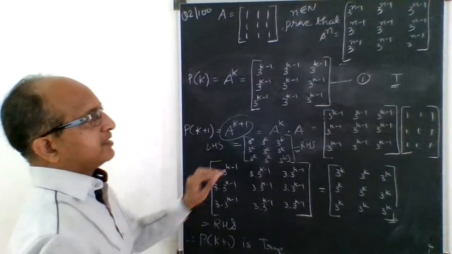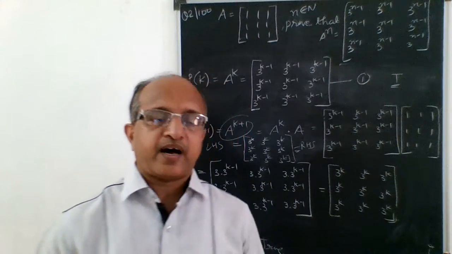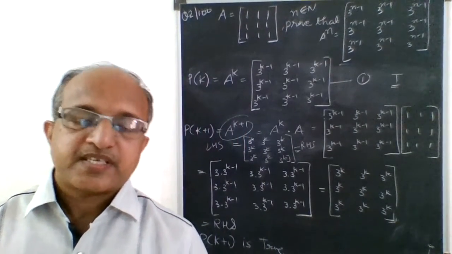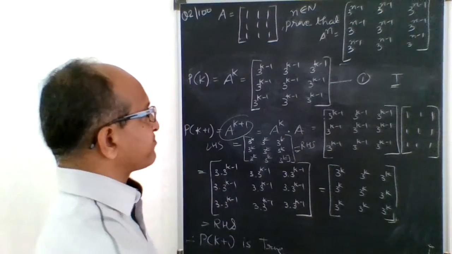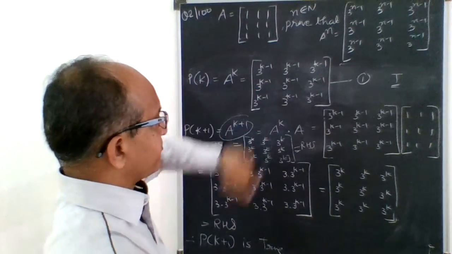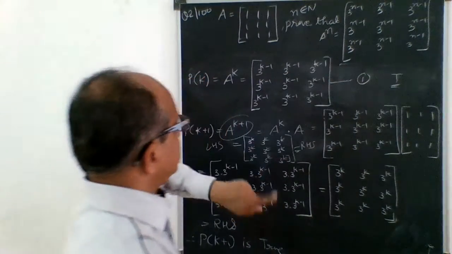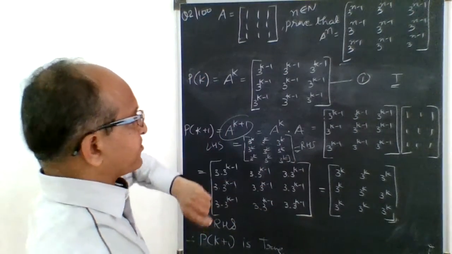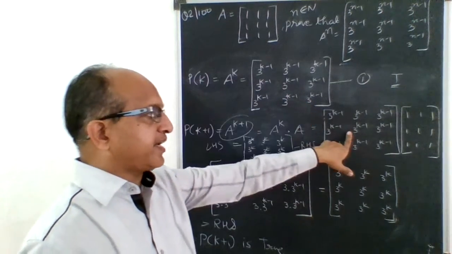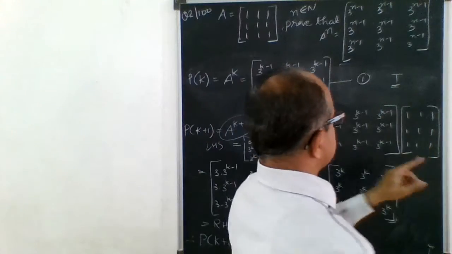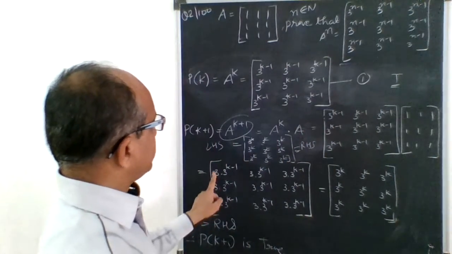So this statement is true for any value of n. I hope it is clear. We have simply utilized the mathematical induction rule. A raised to k, then A raised to k plus 1, means A raised to k into A. When we multiply, we get this matrix, and 3 into this.